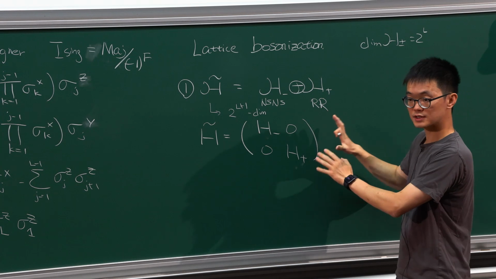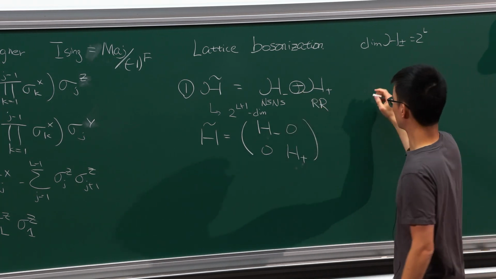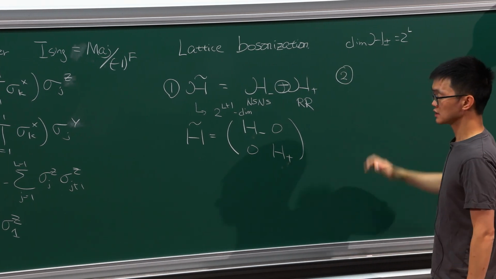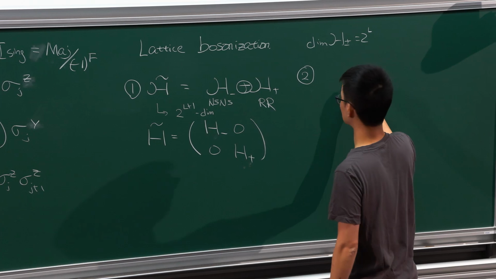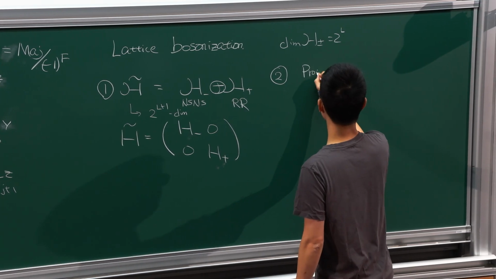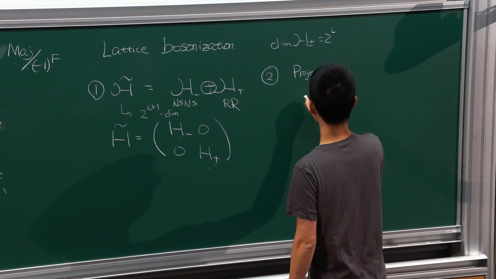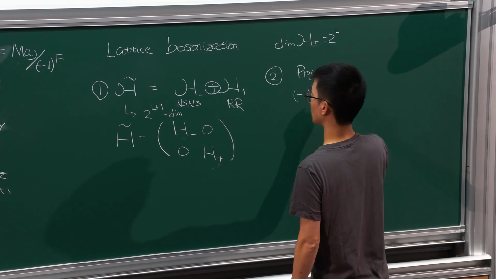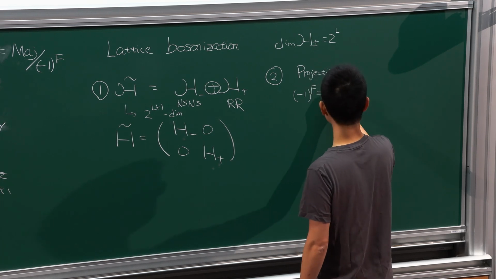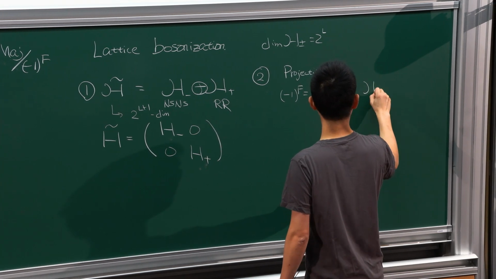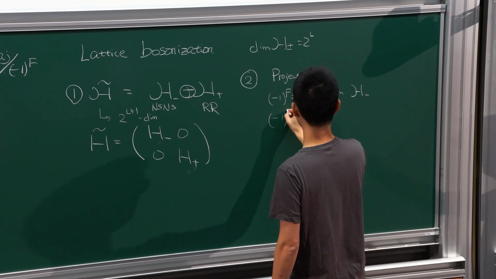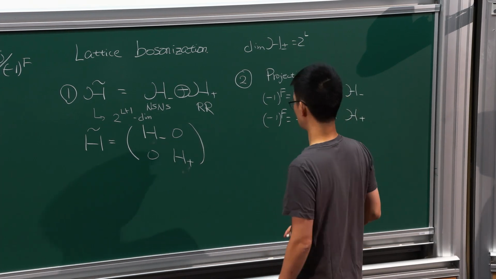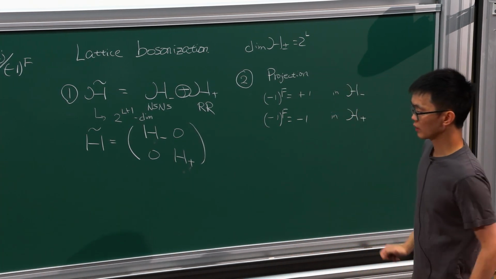Okay, so in the first step, we include both boundary conditions. And there's a second step where we do the projection. The projection we would like to do is to set (-1)^F to be +1 in H minus, and (-1)^F to be -1 in H plus. Now, why do we want to do that?